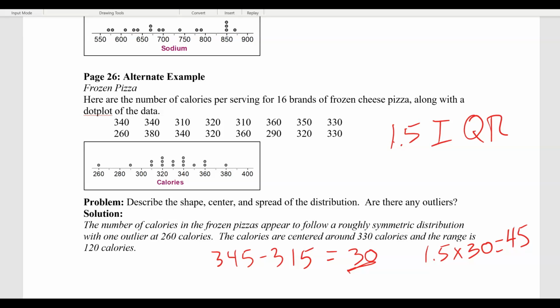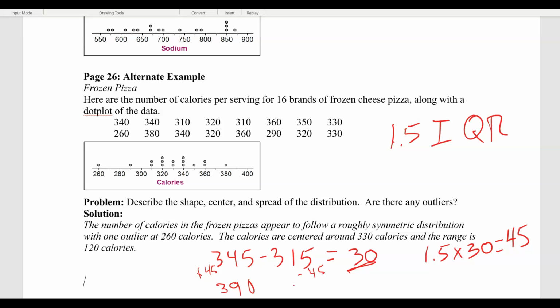Okay, so I'm going to add 45 to 345. I'm going to go to the Q3, the high limit, and add 45 to that. That would put me at 390. So I look at my list and see, do I have any numbers above 390? If I have a number above 390, it's an outlier, but I don't. Over here I'm going to subtract 45.